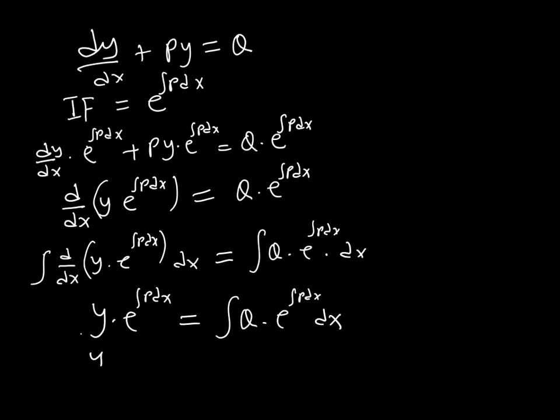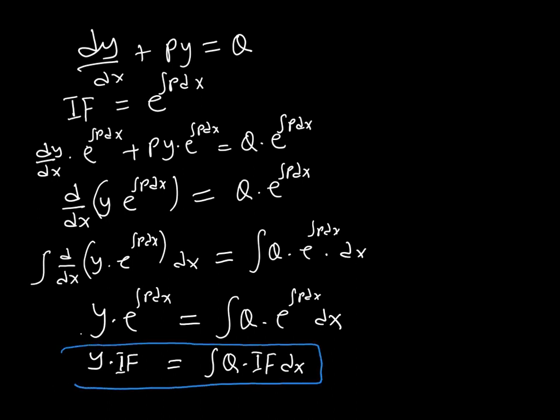Or you may say that y times our integrating factor will be equal to the integral of q times the integrating factor with respect to x, as just a general result. This is general for all linear equations of the first order.